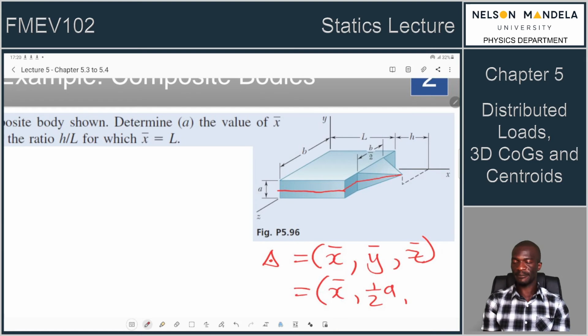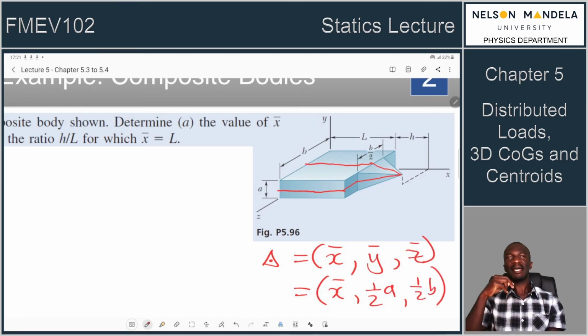How about z? Now look at the other plane. There's this other plane which cuts the pyramid. So that's right there, right? There we have it. That plane slices the pyramid at z equal to b over 2. So that would be half of b. That is the second plane of symmetry.